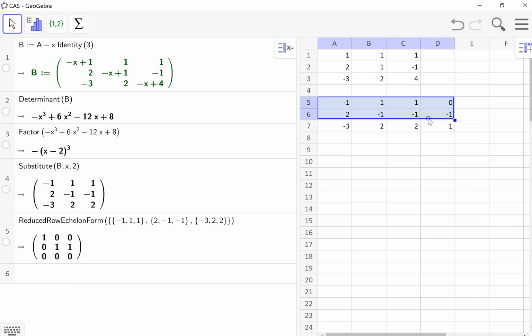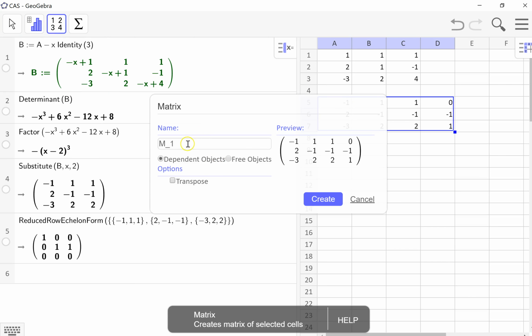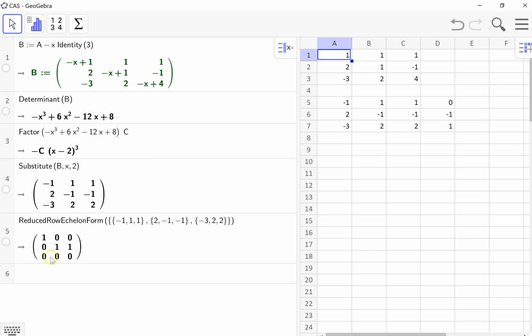So I want to take this, make it a matrix, and call it, since I've used A and B, we'll call it C. Create.